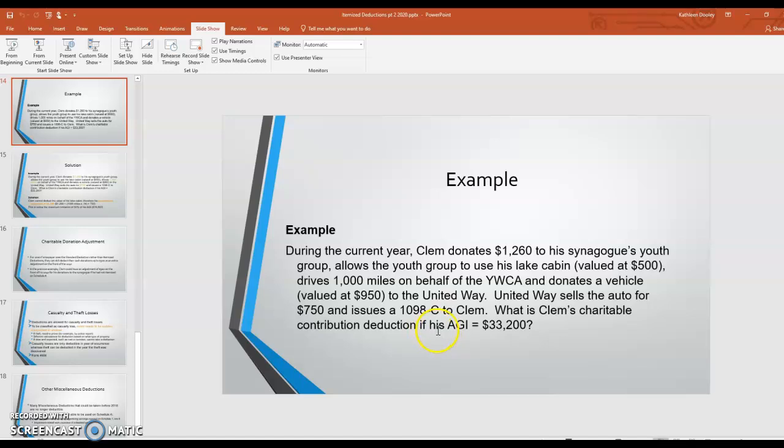Okay, they tell us his AGI, and that's because all of these things that he gave to were all considered 50% organizations, so he can donate up to 50% of his AGI. And of course he has donated far less than that, so we don't really have to worry about the AGI.